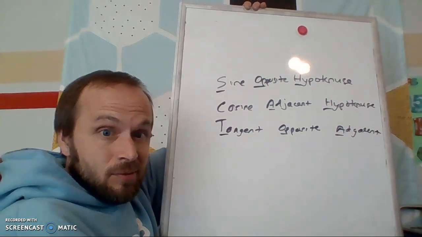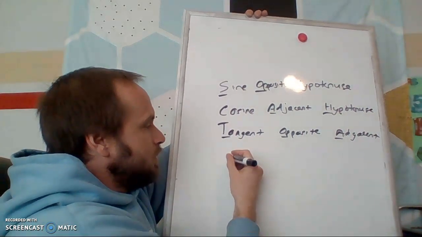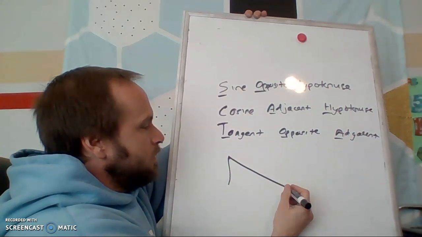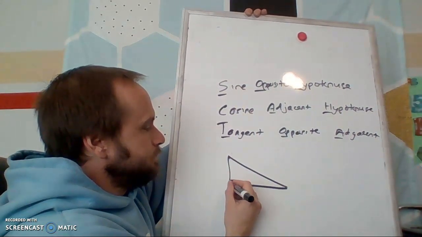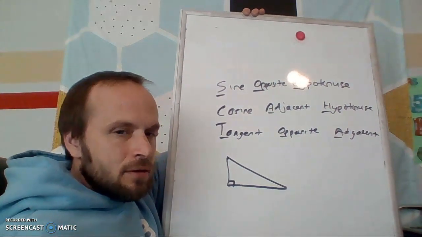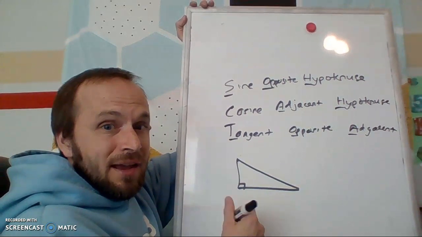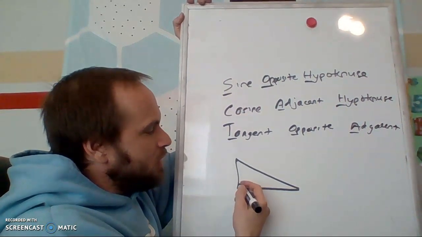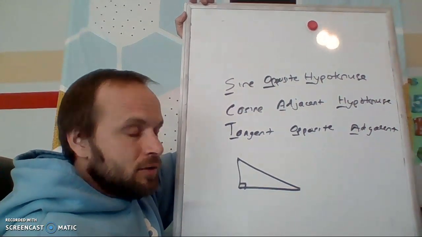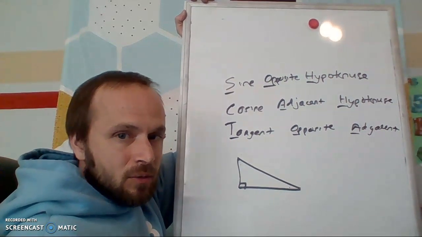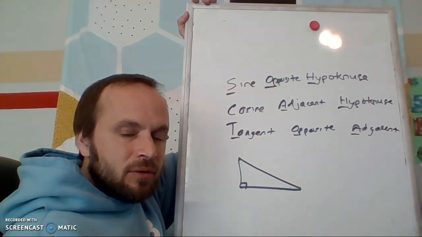Well, the best way is just to show you with a right triangle. So you've got a right triangle here, and if you pick either of the non-90 degree angles, it doesn't matter which one, that's when you start using SOHCAHTOA.